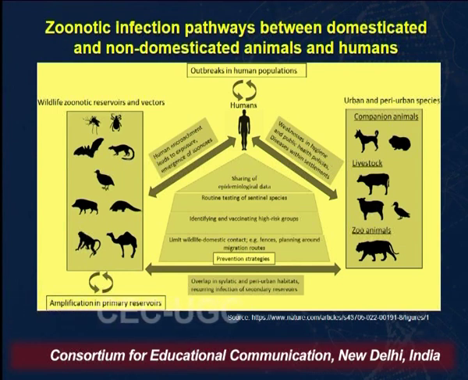We all have heard about this, and we think that it comes from bats. Whenever humans come in contact with these wild zoonotic reservoirs or vectors, there is a chance that the pathogen may spill over into humans. That is how the transmission takes place and they start infecting the human host systems. There are a number of reasons why this can happen, because many times the habitats are overlapping and there are various other environmental factors due to which the transmission takes place.